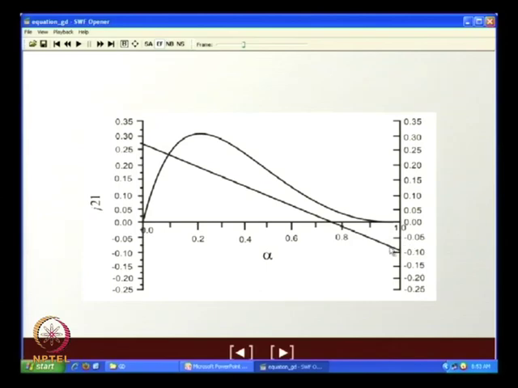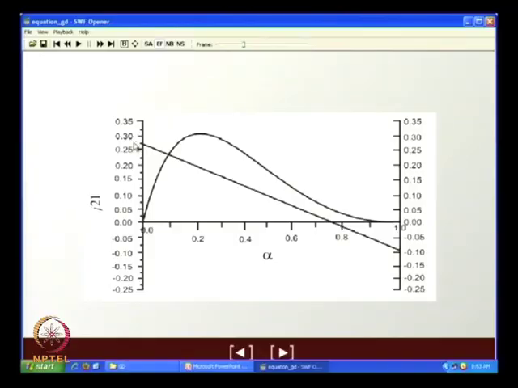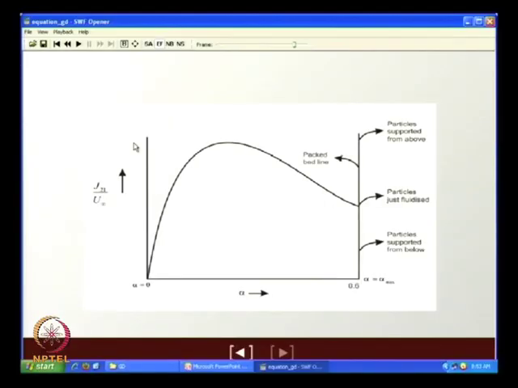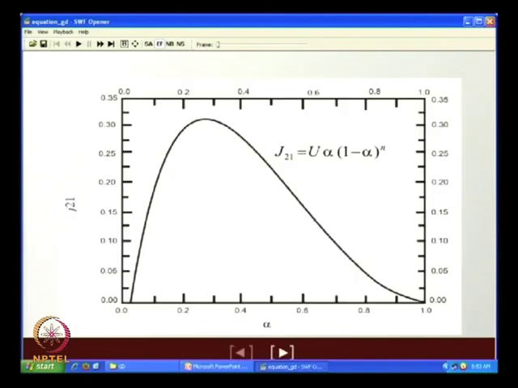Similarly, if we keep J1 constant and keep on increasing J2, what will happen? We find that alpha shifts to higher and higher values. Quite expected. Alpha, which is the gas voidage, will increase with gas velocity, it will decrease with liquid velocity. This was the case for co-current upflow. Okay. Now, if we take the next case, very sorry.